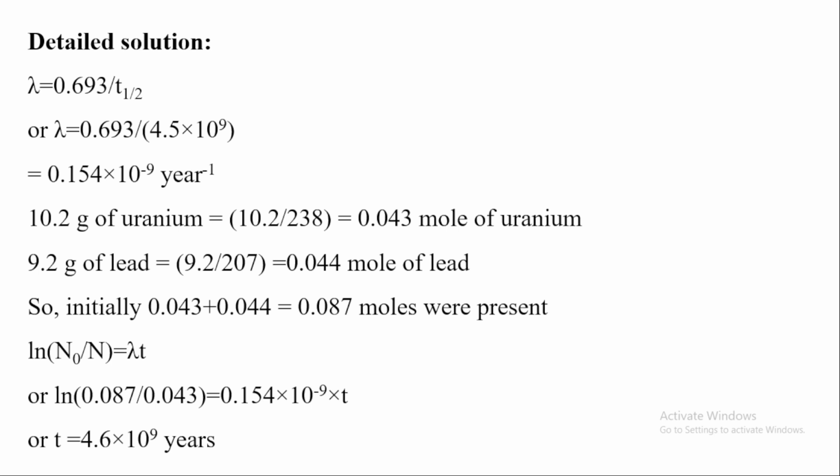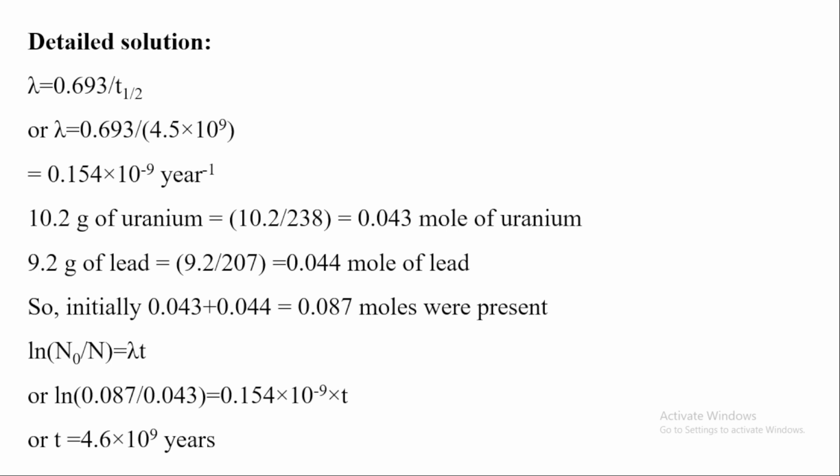So ln n0 upon n is equal to lambda t. This is similar to the formula that we are using till now: n is equal to n0 e raised to the power of minus lambda t. If you take log on both sides, log of n0 divided by n is equal to lambda t.